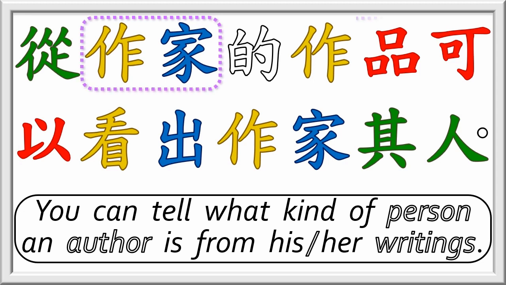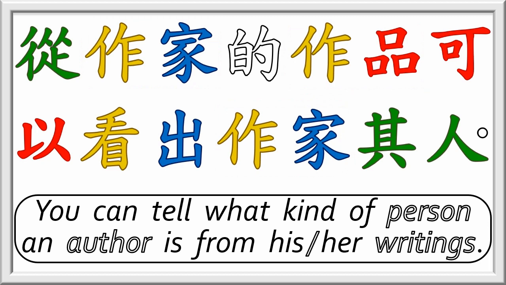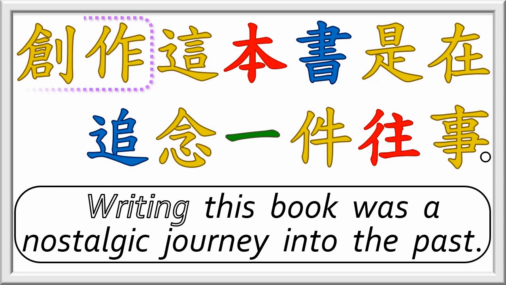从作家的作品可以看出作家其人. You can determine what kind of person an author is from his or her writings. 创作这本书是在追念一件往事.